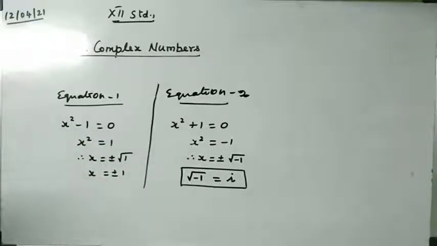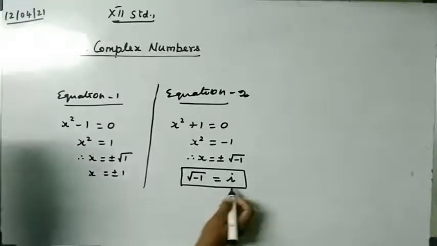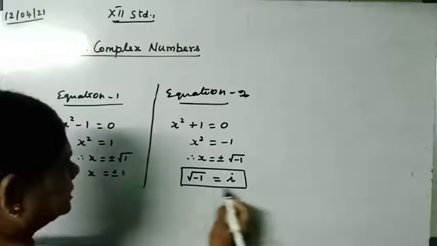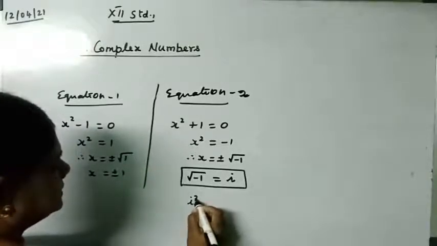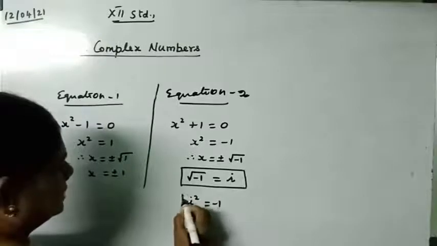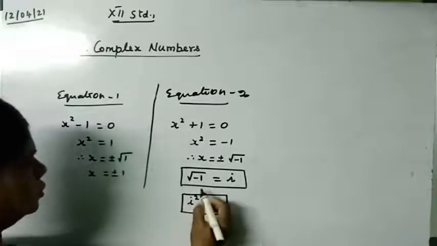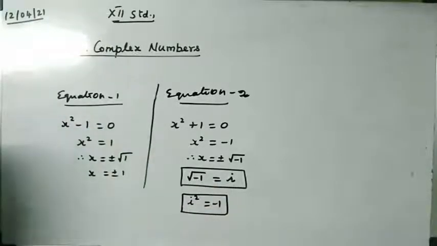Let us create ourselves an imaginary number. If we take squaring on both sides, then it becomes i square is equal to minus 1.